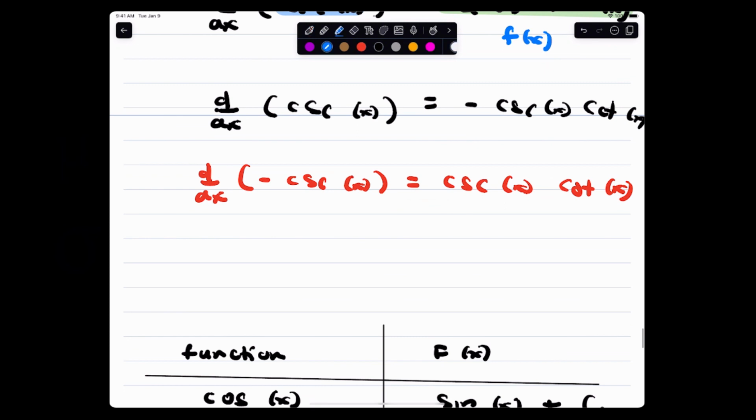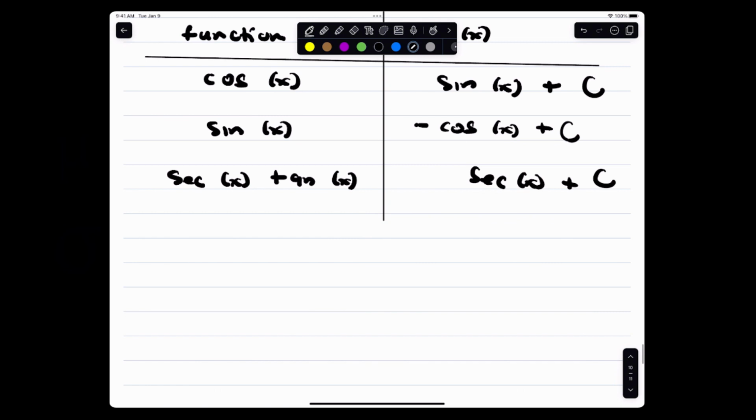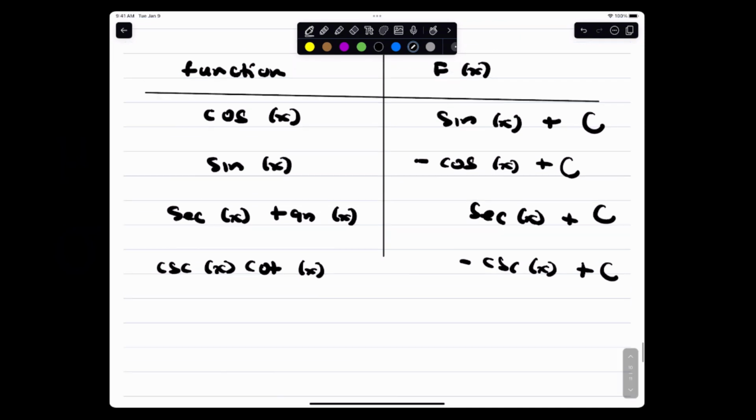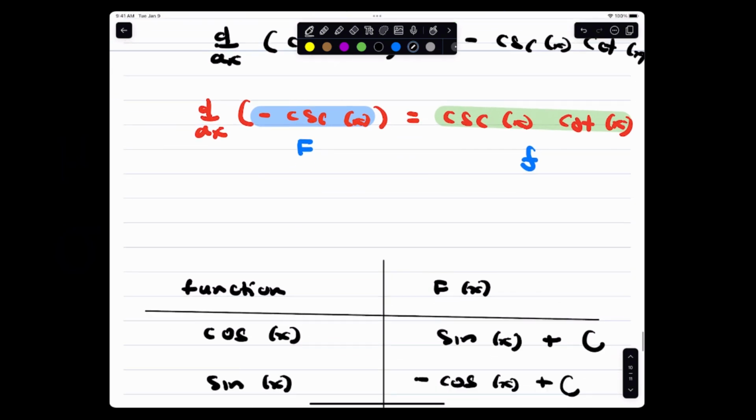So again, in your definition of antiderivative, here's the big F. There's a little f. So what we say really is if the function here is cosecant cotangent, you know the antiderivative was minus what? Cosecant plus constant. That's where they're getting it from. That's how you deduce it.